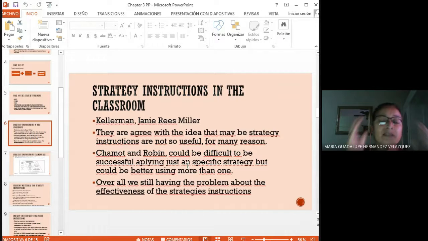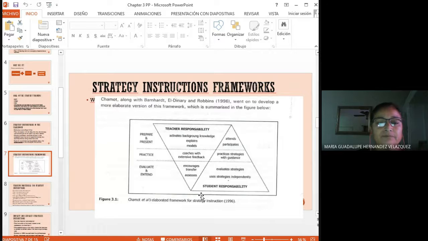That means that we don't need to use just one, even with the same group, the same learner, the same classroom, we can use many different strategies, we can mix them. Okay. Overall, we still have the problem about the effectiveness of strategy instructions. Okay, we're going to see.